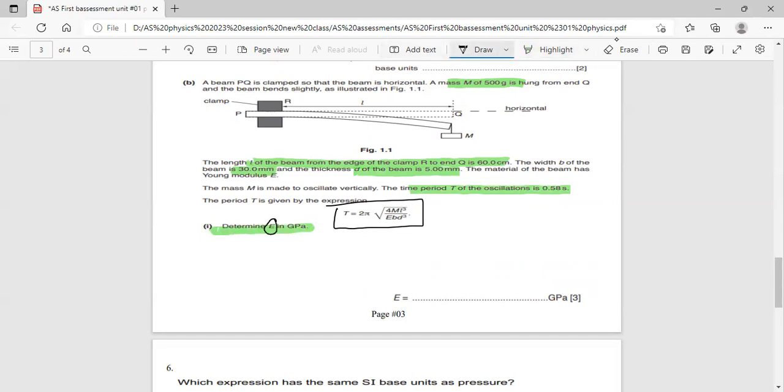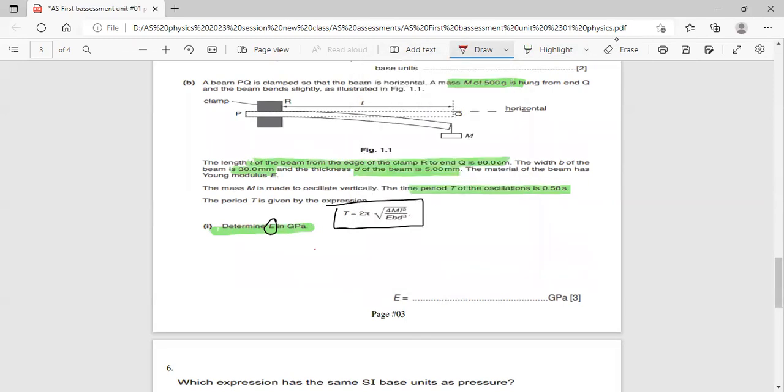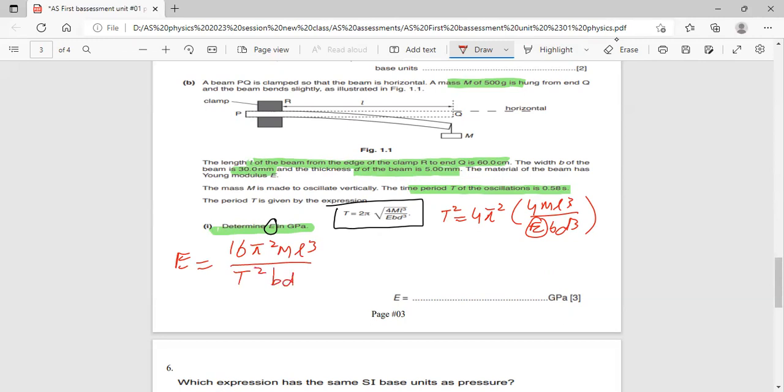So as we have to find E, let's make E the subject. Take square on both sides, so it will be T² = 4π² · 4ml³ over E·b·d³. Now make E the subject, so E is 4 4s are 16π²ml³ over T² into bd³.